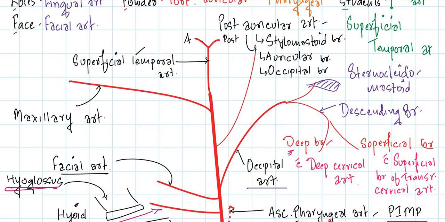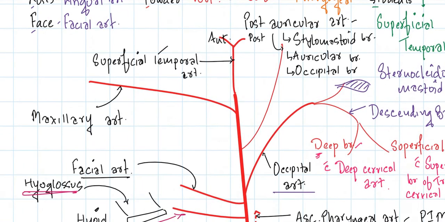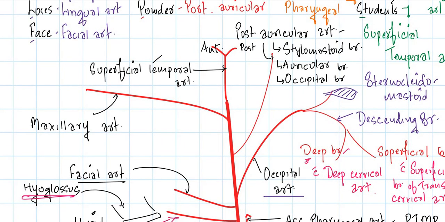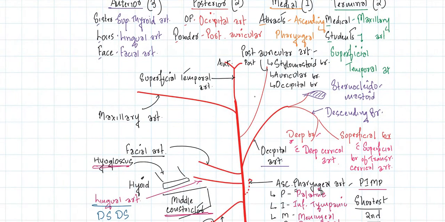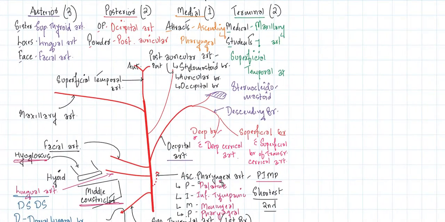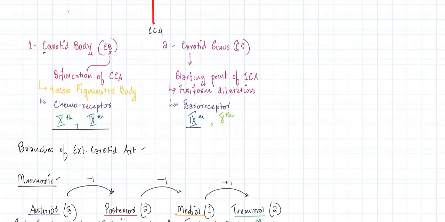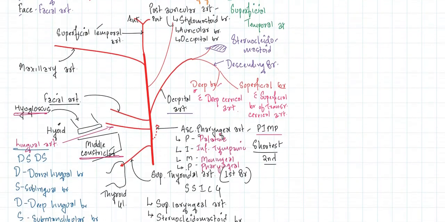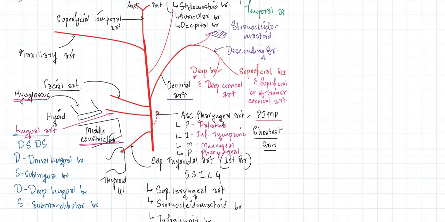So this is pretty much everything about the arteries that I've talked about. This is all about the external carotid artery. You can see I have talked quite in detail about the external carotid artery.